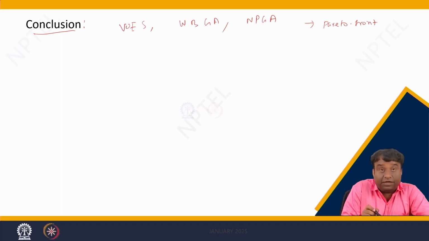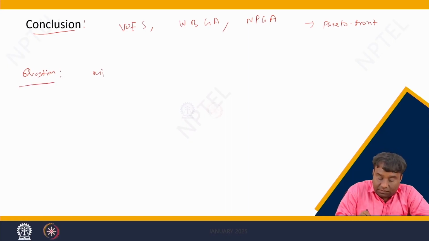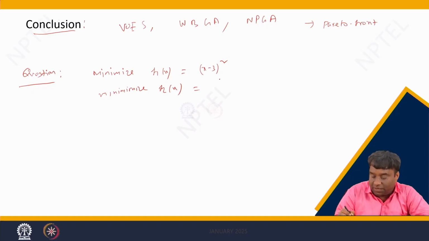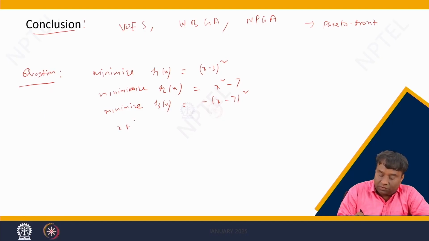Today I am giving one question; try to solve it, and I'll give some hints. Question for today's class: minimize f1(x) equals (x minus 3) whole squared; minimize f2(x) equals x squared minus 7; minimize f3(x) equals minus (x minus 7) whole squared, where x belongs to 0 to 10.